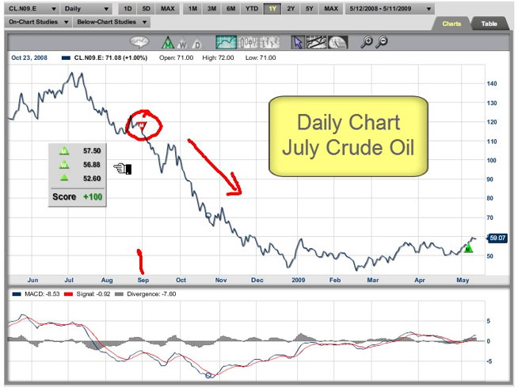Now we use our weekly and our daily, weekly for trend and daily for timing, but the monthly is also very, very important. As you can see, the only signals we've had since May to now are just two signals. One, market's going down, and this new one indicating that the market has made a turn.